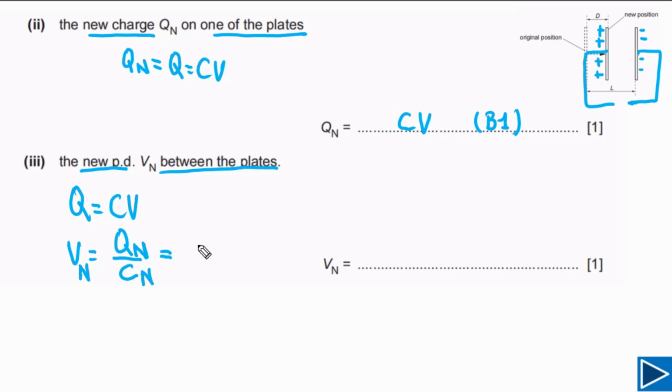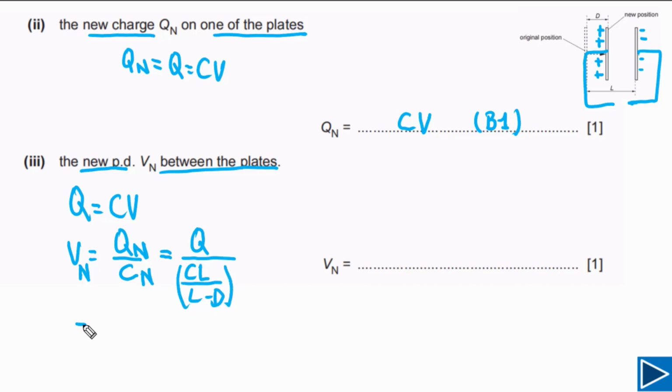Qn we have already calculated, that is equal to Q. And Cn we calculated in part A, and Cn was equal to CL divided by L minus D.